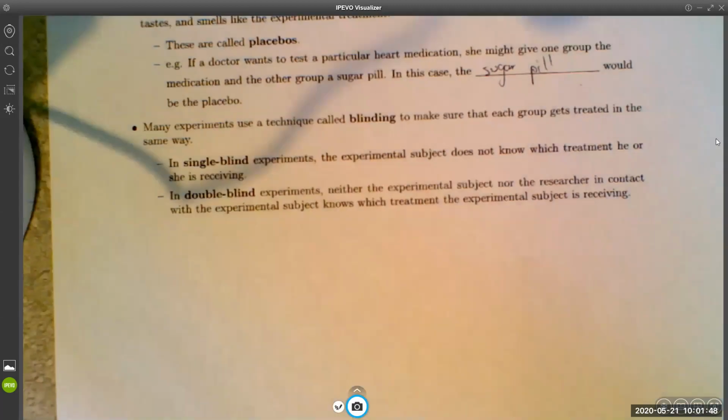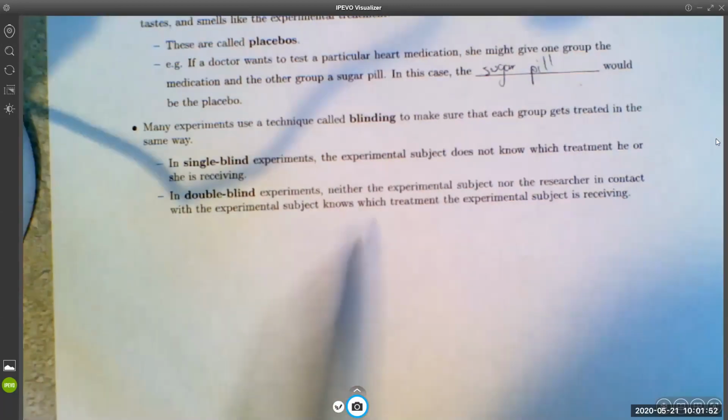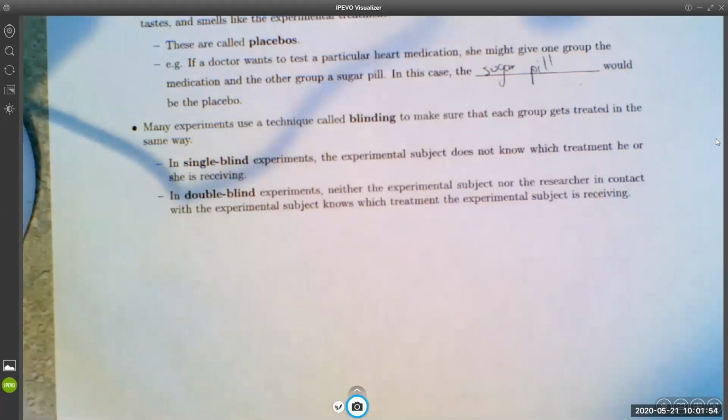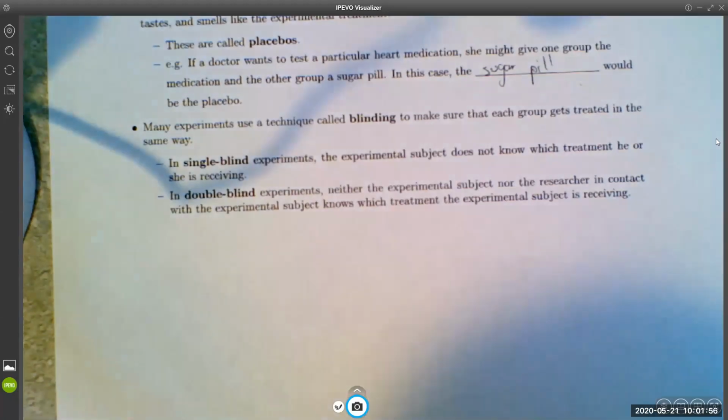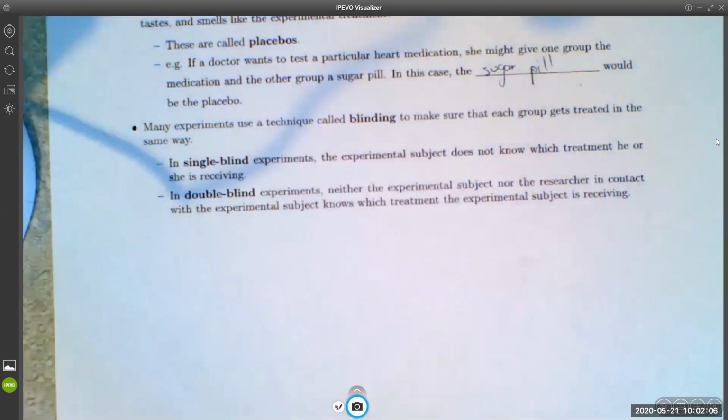In double-blind experiments, neither the experimental subject nor the researcher in contact with the experimental subject knows which treatment the experimental subject is receiving. That might be a little confusing, because you might say, wait a second, if the experimenter doesn't know which treatment they're giving out, then how are they going to keep track of all this stuff? Well, somebody knows, okay?